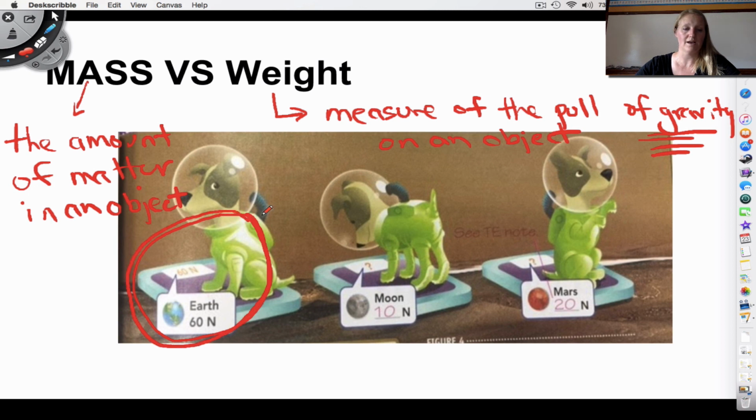Let's say I take a box, and the box weighs 100 pounds. The reason it weighs 100 pounds is that is what the Earth is pulling it down and pushing it down on that scale to read.